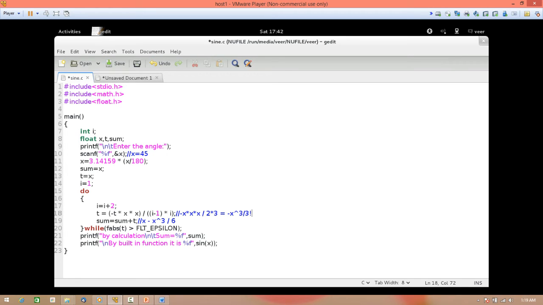This is what we wanted as the next subsequent term, which is nothing but t3.